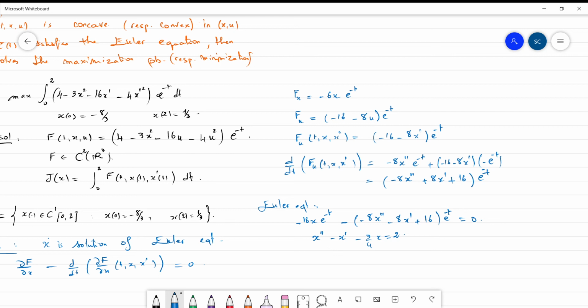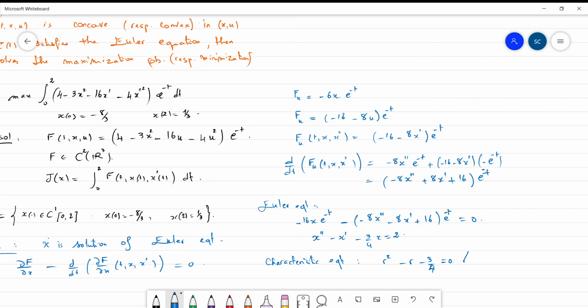There is a method to solve it. We write the characteristic equation, a second degree equation, r squared minus r minus 3/4 equals 0.